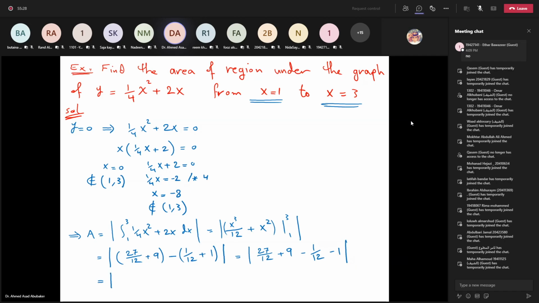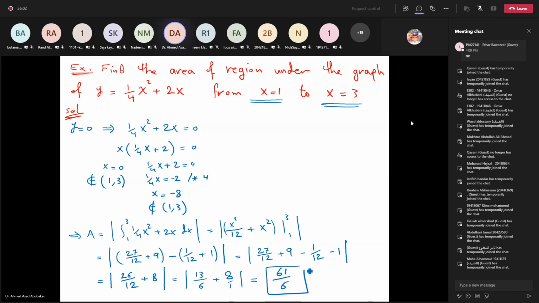So the absolute value of 27 over 12 plus 9 minus 1 over 12 minus 1. So we have 26 over 12, and 9 minus 1 equals plus 8. If we add these and simplify, first simplify 26 over 12, we have 13 over 6 plus 8 over 1. So 13 plus 48, we have 61.